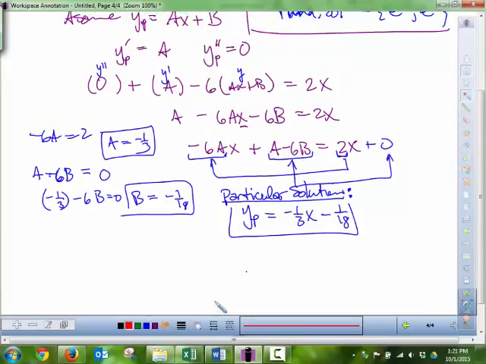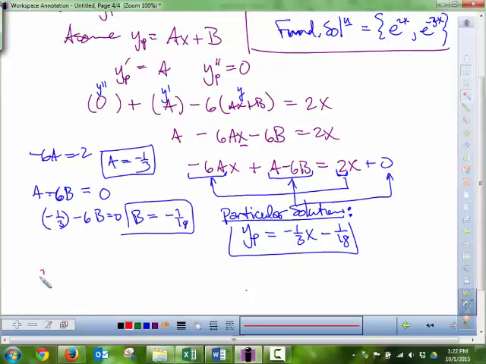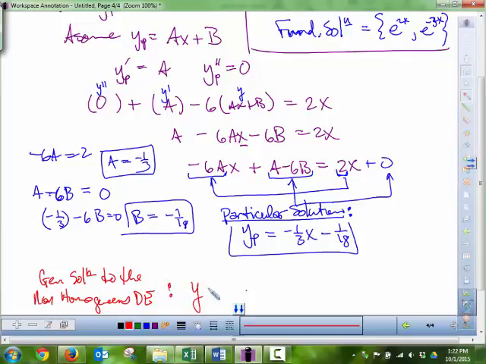The general solution to the non-homogeneous differential equation is equal to, since this is a second order differential equation, I should expect two arbitrary constants: C1 e to the 2x plus C2 e to the negative 3x plus the yp that we just found, negative 1/3 x minus 1/18.